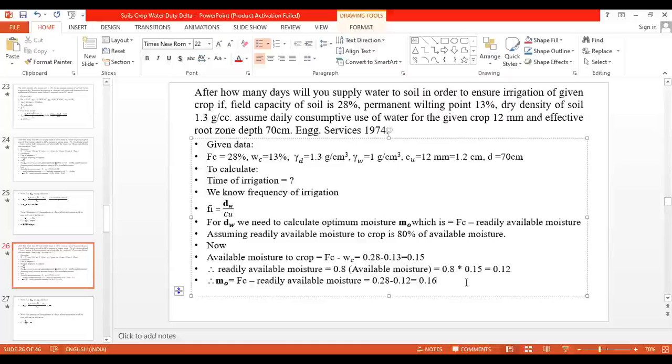Okay, it means the water level is required to be maintained between the optimum moisture, that is 16%, and the field capacity 28%. That is clear now.